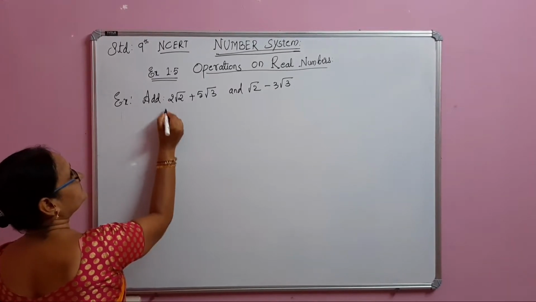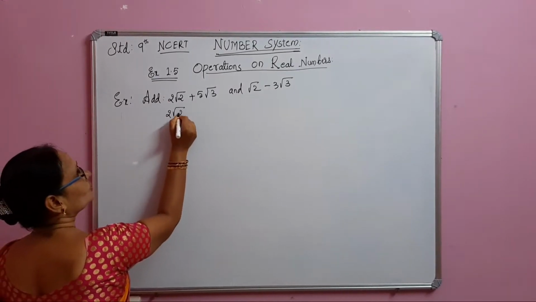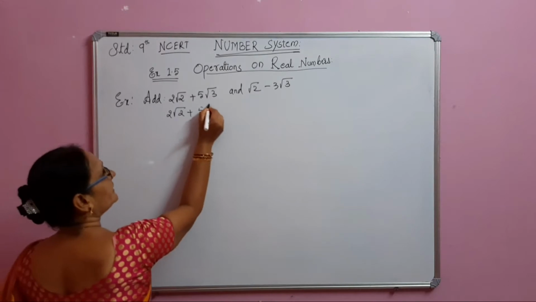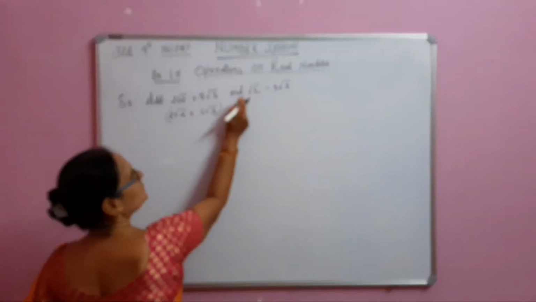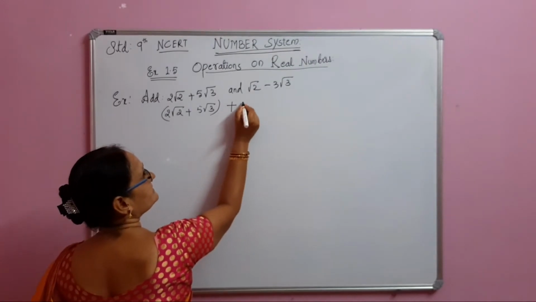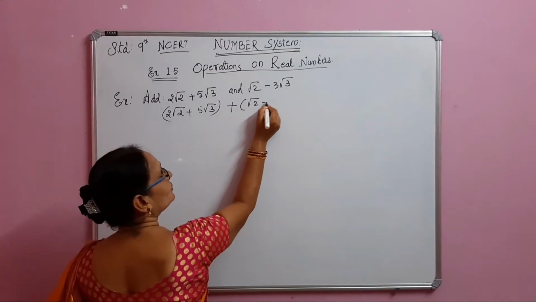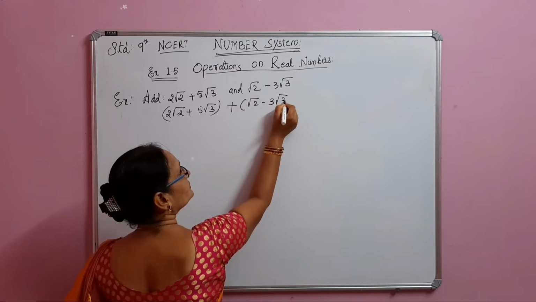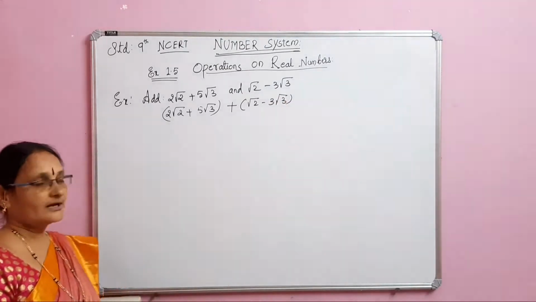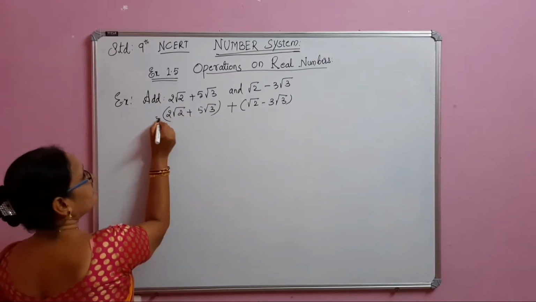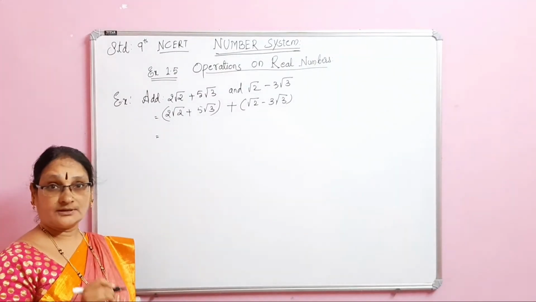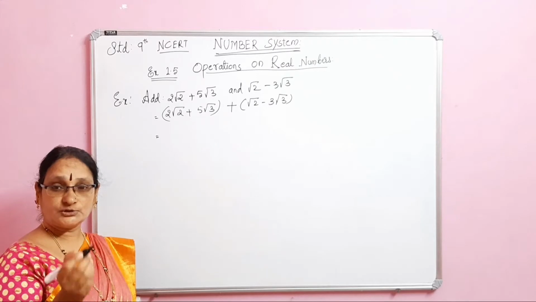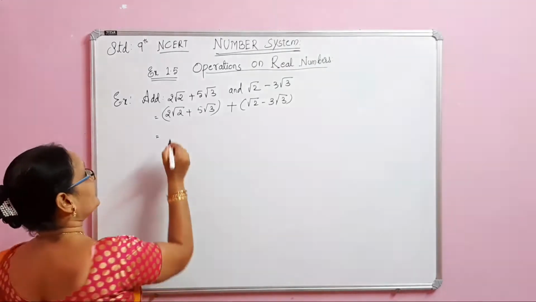See here, 2 root 2 plus 5 root 3, in brackets we write because we are adding them, so we take plus, then root 2 minus 3 root 3. The property of signs, plus into minus, minus into plus, the same will be followed here also.